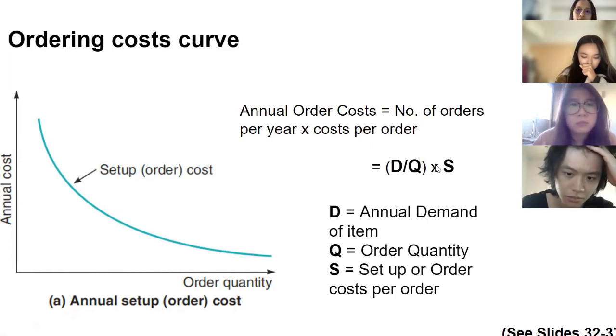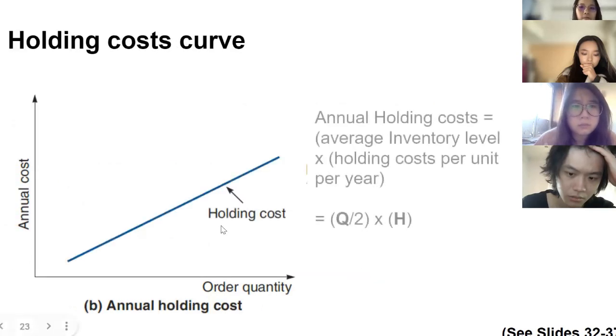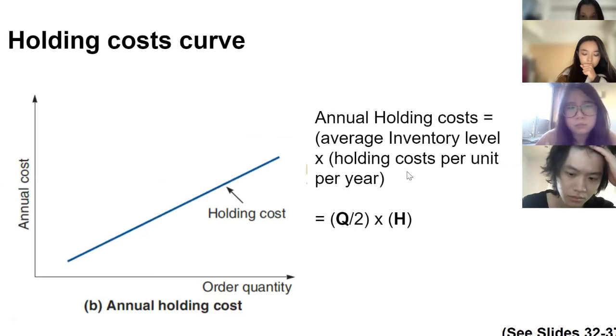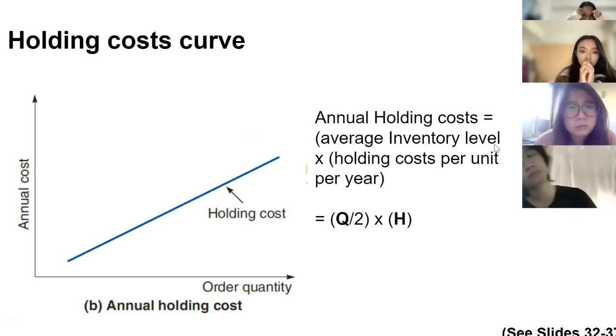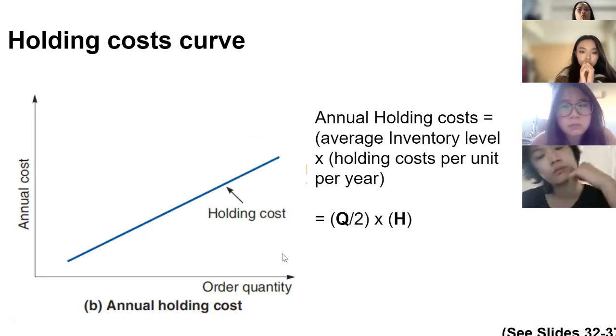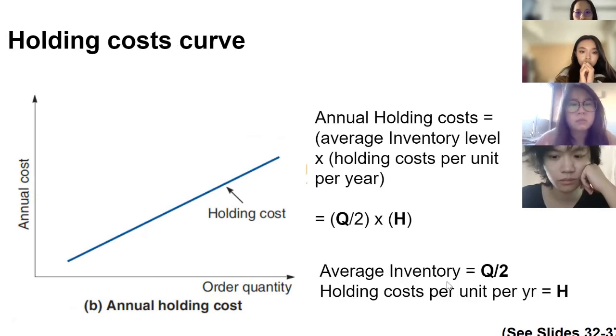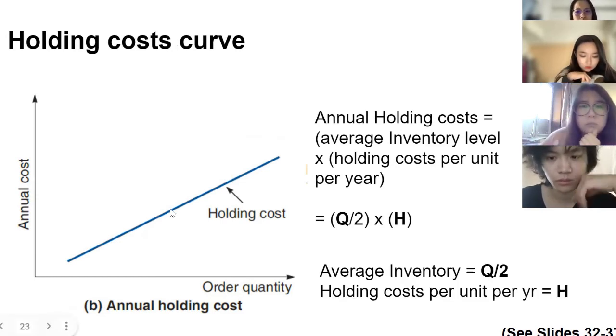The annual ordering cost is given by the formula D over Q times S, where D is annual demand, Q is quantity, and S is setup cost. Holding cost is average inventory level multiplied by the holding cost per unit per year: Q over 2 times H.